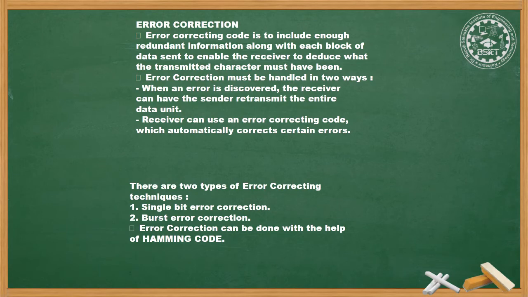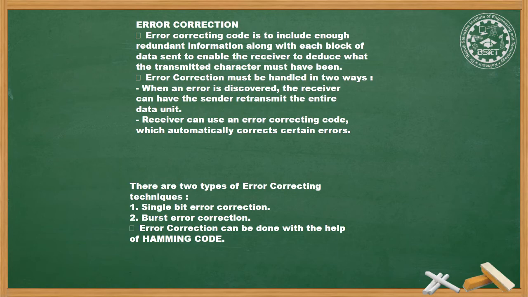The error correcting code is to include enough redundant information along with each block of data sent to enable the receiver to deduce what the transmitted character must have been. Error correction can be handled in two ways. When an error is discovered, the receiver can have the sender retransmit the entire data unit, or the receiver can use error correcting code which automatically corrects certain errors.